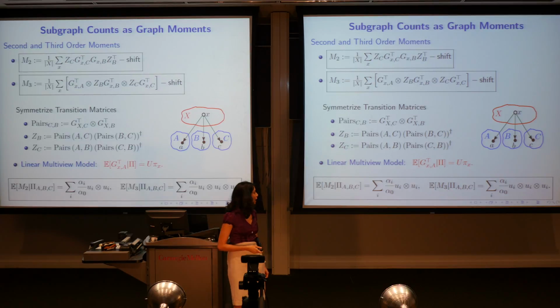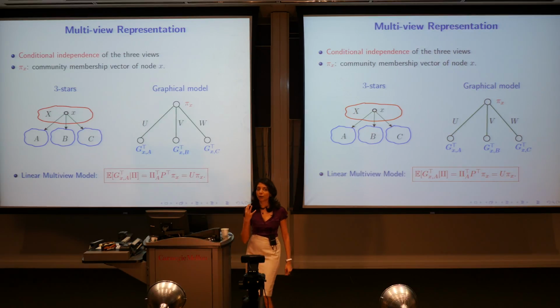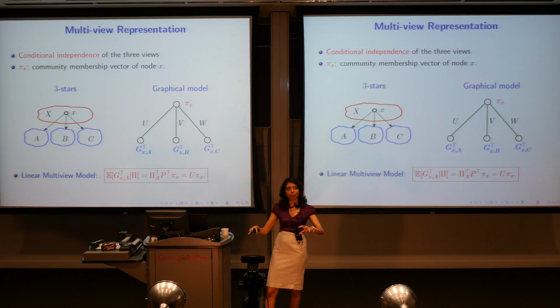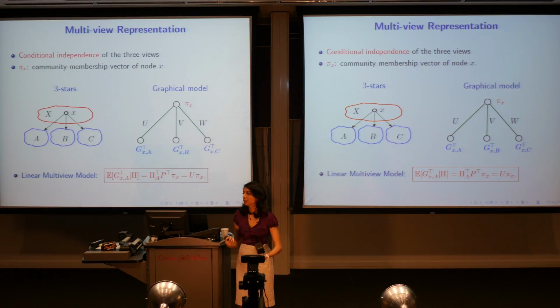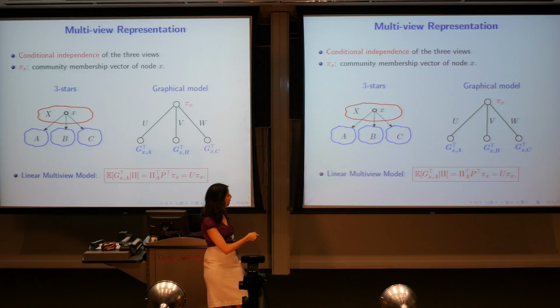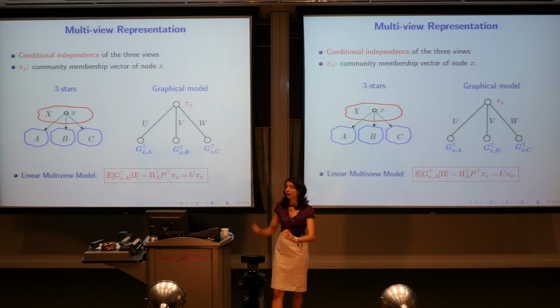I think the takeaway message that I'd like you to have from these community models is that by partitioning the nodes and looking at the set of edges across this partition, you can reduce it to multi-view models, right? So you can have the hidden variable be just the community memberships, and the observed variables be the set of edges that go into these sets in the partition.